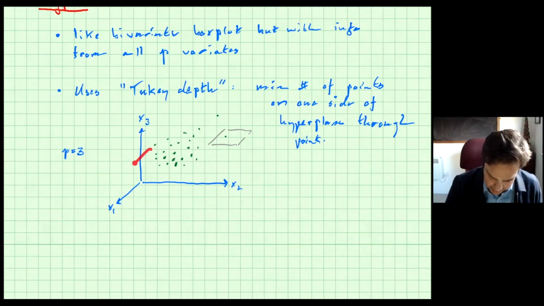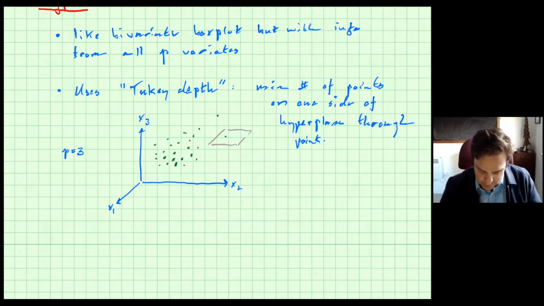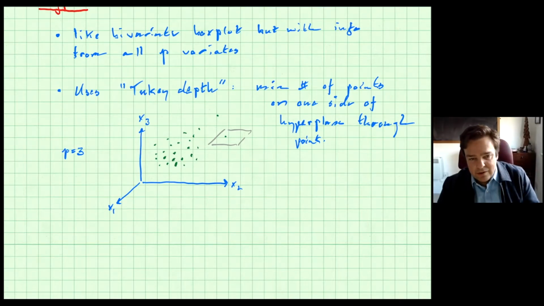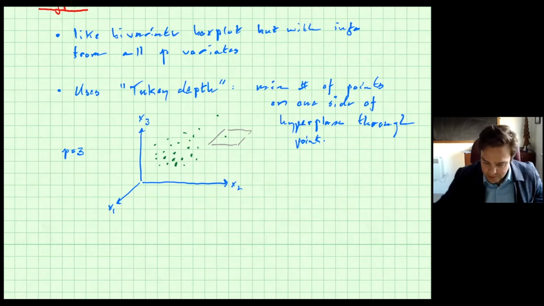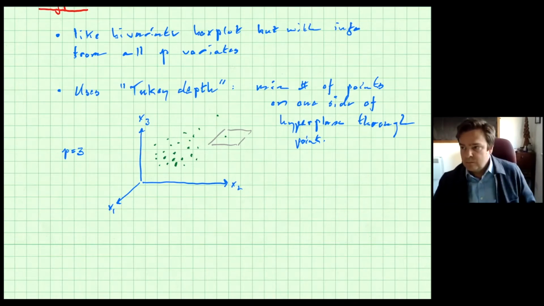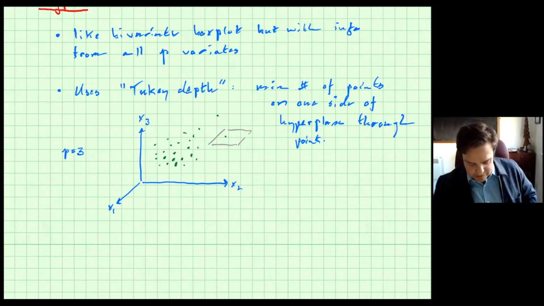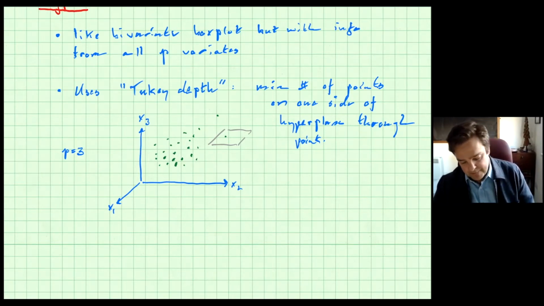If I draw a plane that goes through that point, there's no way I can rotate that plane to get only that one point on half the space, where the plane is the divider between the two halves. And so that point would have a larger Tukey depth, because the minimum number of points on one side of the space divided by all the planes going through that one is larger, right?